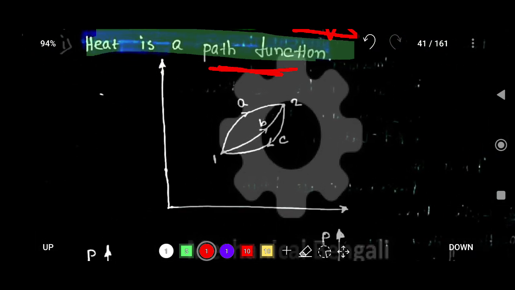Suppose this is the y-axis and this is the x-axis, and here this is state 1 and this is state 2.